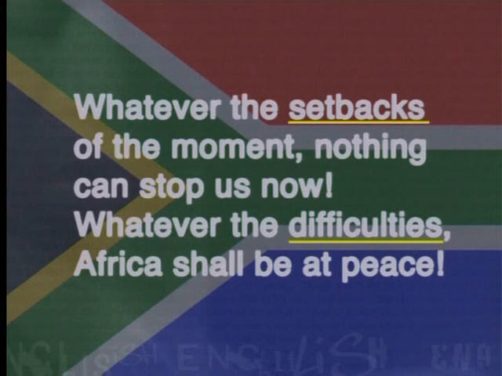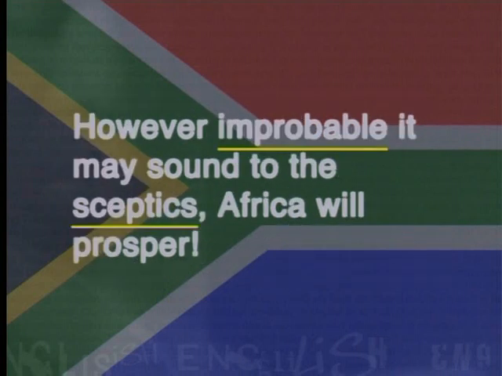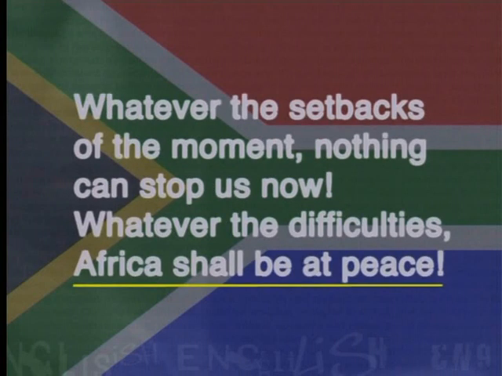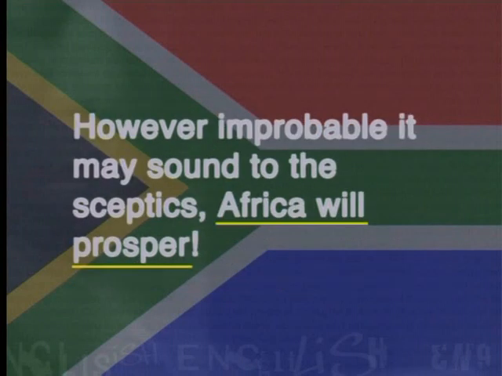Words with strong connotations are used throughout the speech. For example, Mbeki makes a strong contrast between the setbacks, difficulties, improbabilities, and skeptics that Africa faces, and the fact that despite this, Africa will be at peace and will prosper. These are not neutral words. Instead, they are words with strong connotations that have been deliberately chosen to get an emotive response from the listeners.